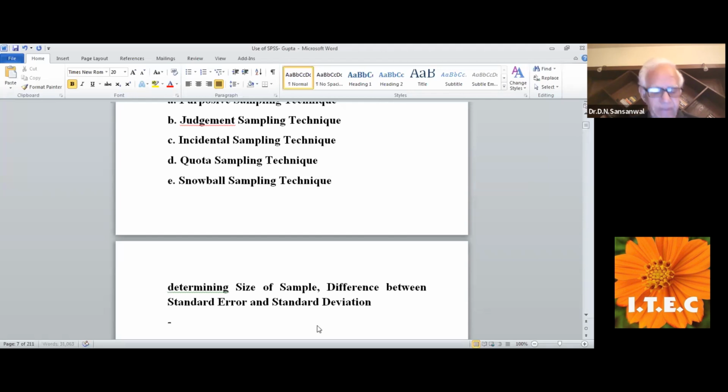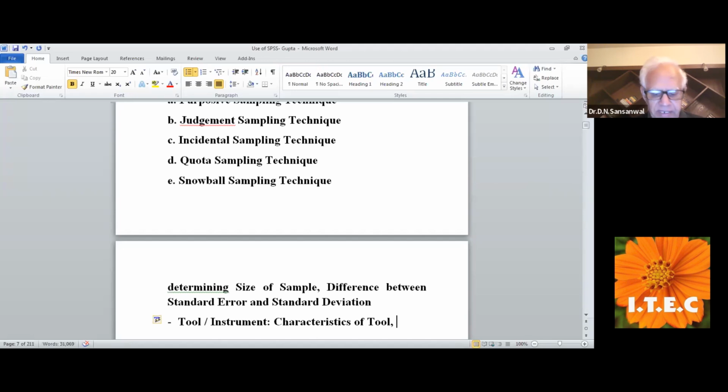Then next I will be talking about the tools. In social science, we use the word tool, but in pure science, they use the word instrument. So I will be talking about the characteristics of tool.